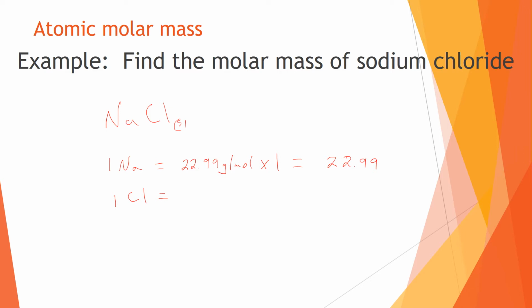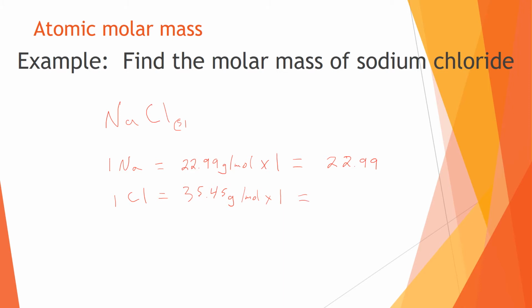Chlorine, again, if I take a look on my periodic table, it's number 17. It has an atomic molar mass of 35.45, so 35.45 grams per mole of chlorine. And in this particular compound, I only have one atom of that.